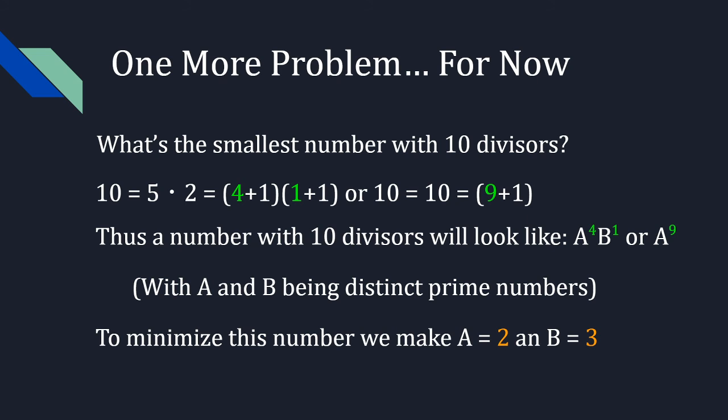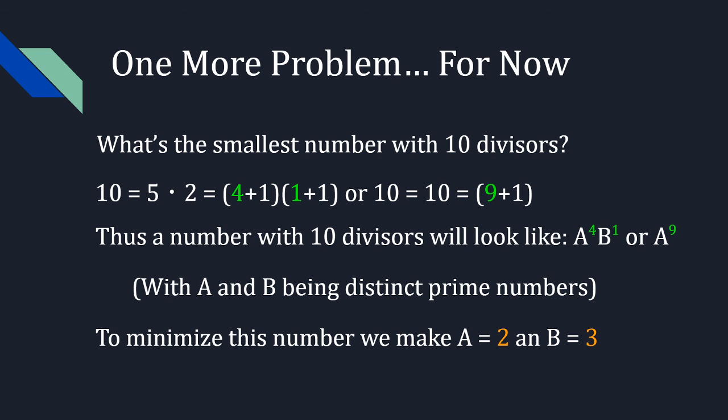And think about why that's so, right? Because if you take 9, add 1, that's 10. Using the trick from earlier, a number to the 4th times a number to the 1st, you can use the trick we just did earlier to show that number has 10 divisors.